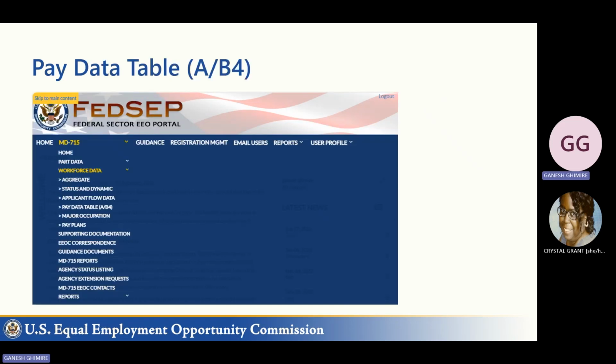Pay data table, A4, B4. Pay data table is a screen where an agency can add A4, B4 tables. An agency can get to this section by selecting MD 715, workforce data, then pay data table.